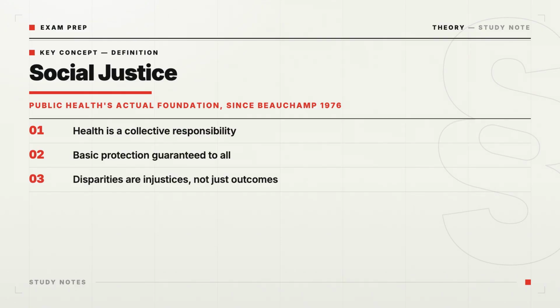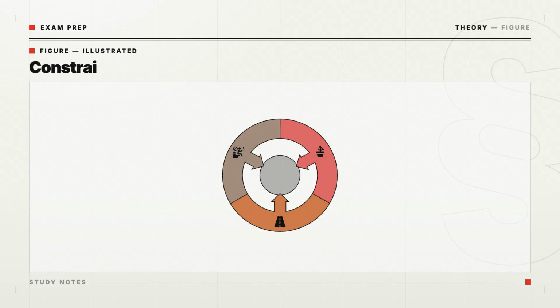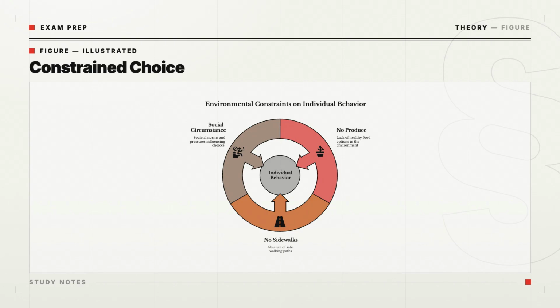This contrast, articulated by Dan Beauchamp in 1976, still organizes public health's own self-understanding, visible in phrases like "for all people." The key nuance is that social justice doesn't deny behavior matters. It denies that behavior is freely chosen apart from conditions.